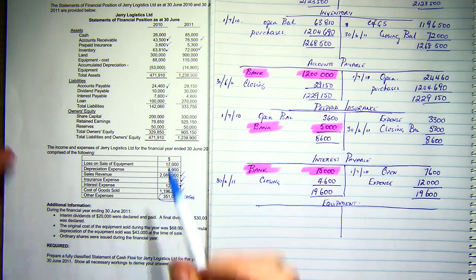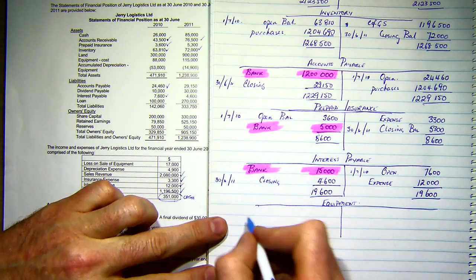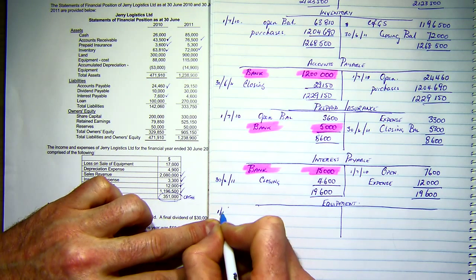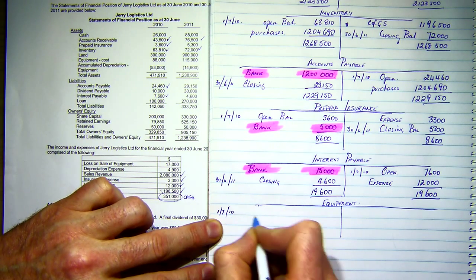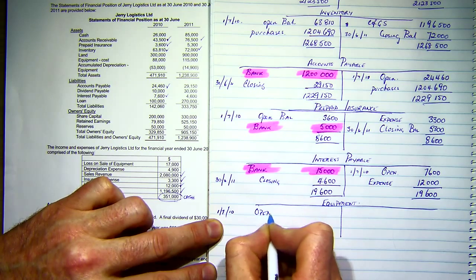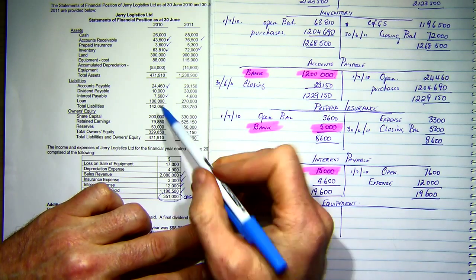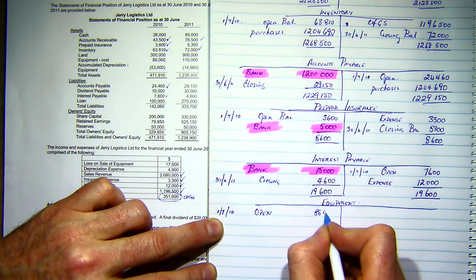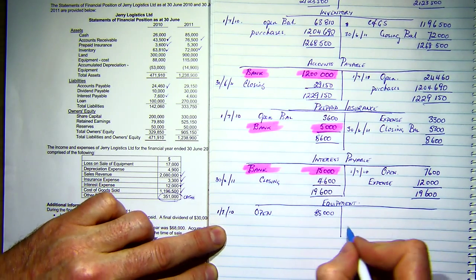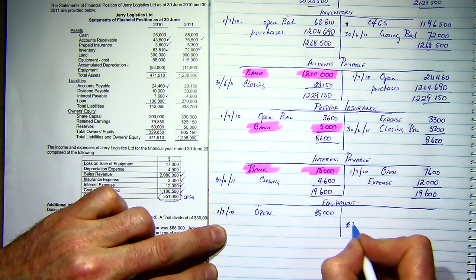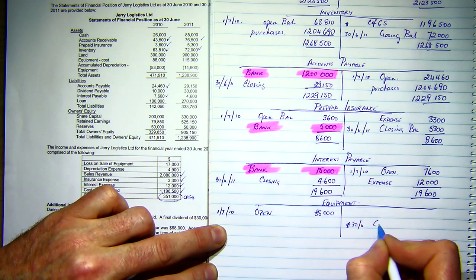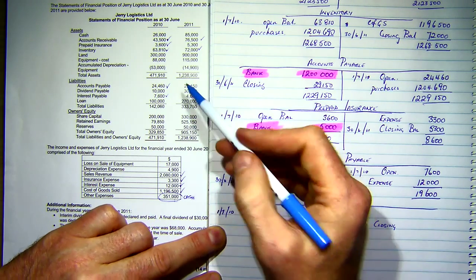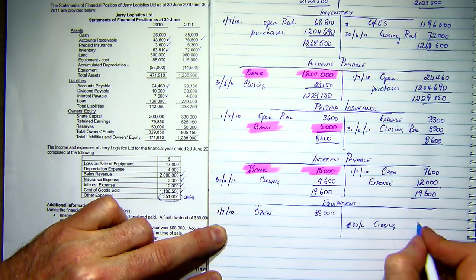Okay, so my equipment has an opening balance of 88,000 and my equipment's a debit balance. 1st of the 7th, 10, opening, 88,000. And I know my closing, 30th of the 6th, closing was 115.